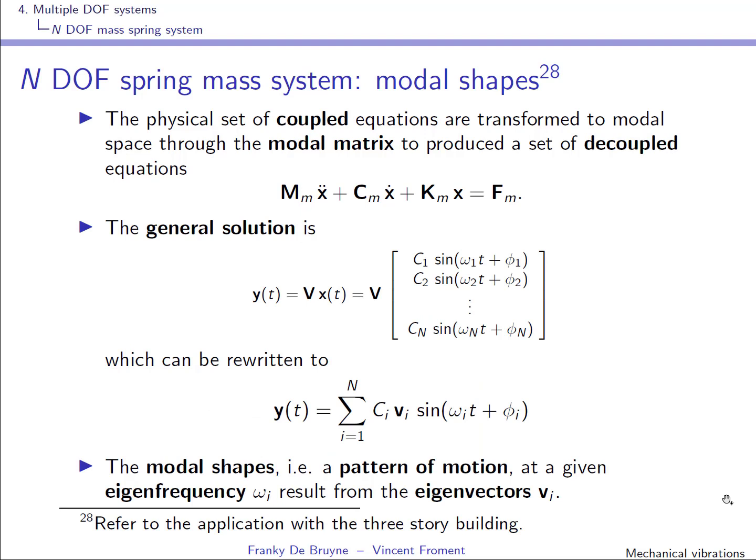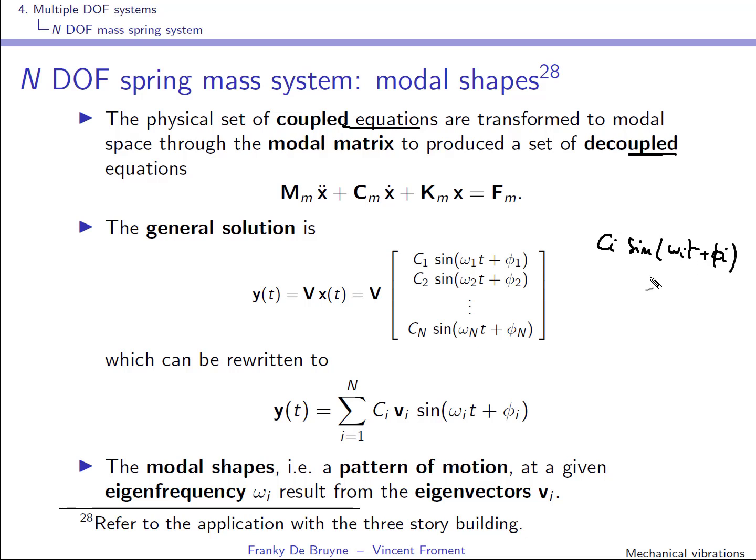Well, we have rewritten a system of coupled differential equations to a set of decoupled differential equations. For each of these differential equations, we can find the solution, and it will always be a constant times a sine with the natural frequency times t plus phi i.